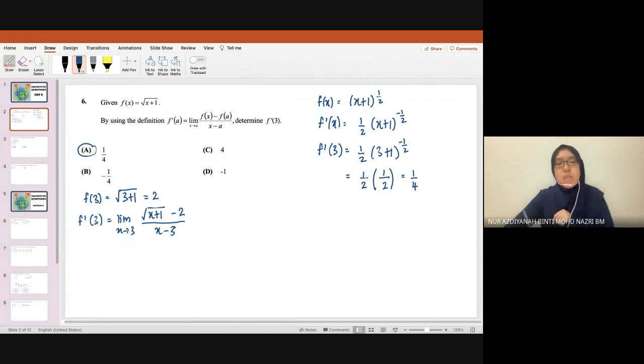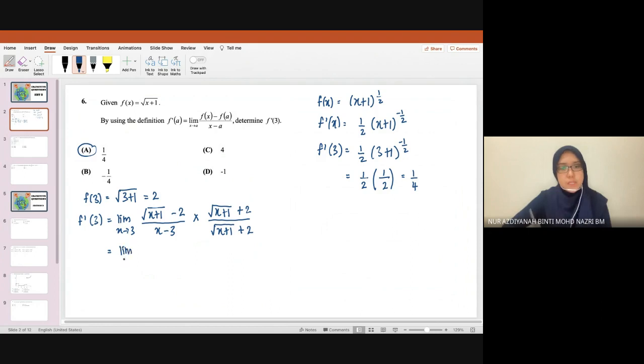We can see that we cannot directly use direct substitution. If we do direct substitution here, we will get indeterminate form. So we need to use the conjugate. The conjugate takes the expression with the square root, so square root of x plus 1 plus 2, over square root of x plus 1 plus 2. So we multiply by this conjugate.